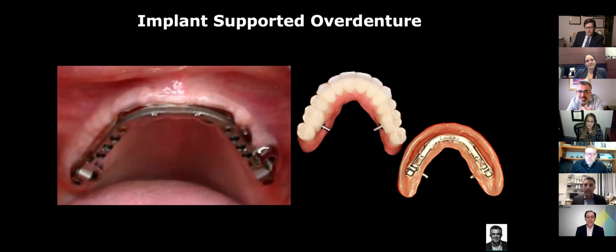So when it's placed in the mouth and the locking mechanisms are locked, this thing behaves for the patient, or the patient perceives it, as immobile as a hybrid would be. So this is an implant supported overdenture for a composite defect patient, if removable was your choice for whatever reason. And the previous slide that we showed, the fixed hybrid or FICD, is the second choice.